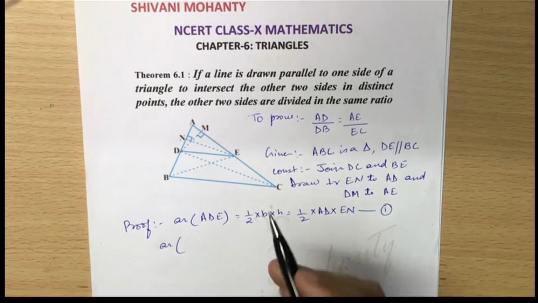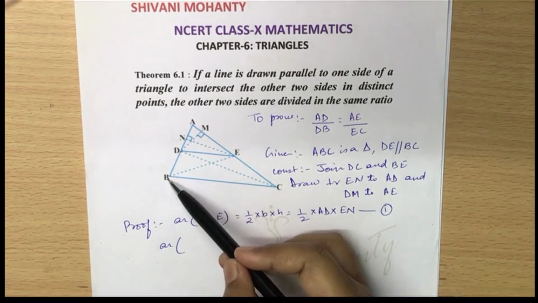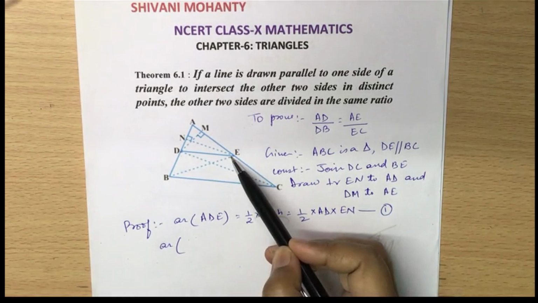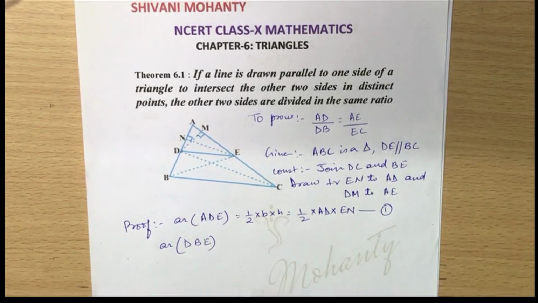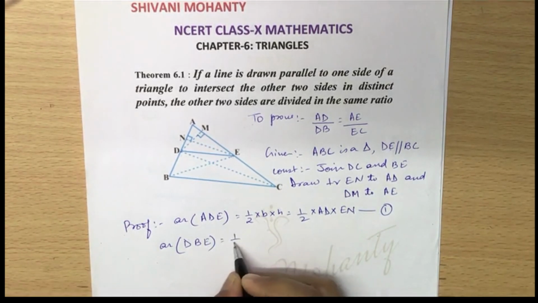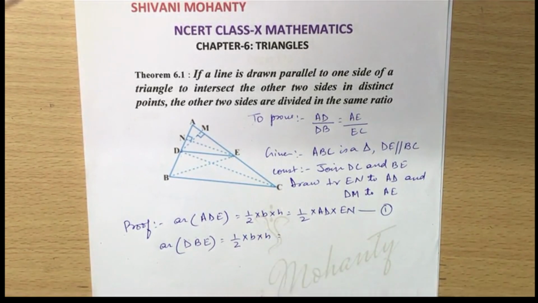Then you write area DBE. Again, what is it? It is half into base into height.